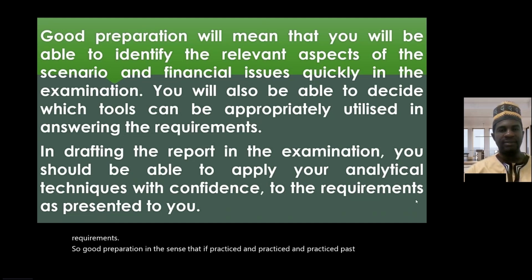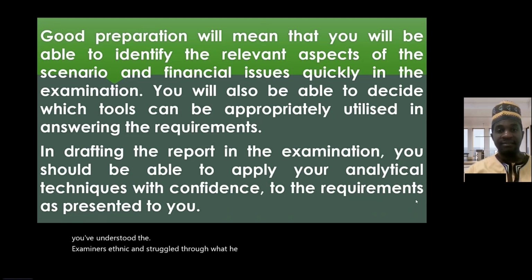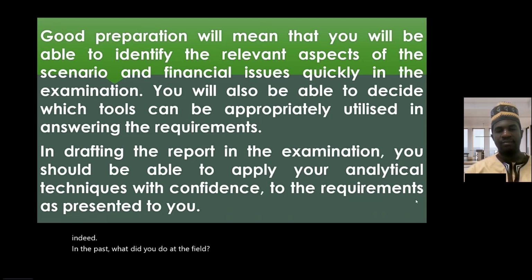You've understood the examiner's technique and his trajectory, what he expects. You've read several examiner's reports that show the pitfalls and what other candidates did and they passed, and what they didn't do and they failed. So that's what enhances your technique and passing the course.